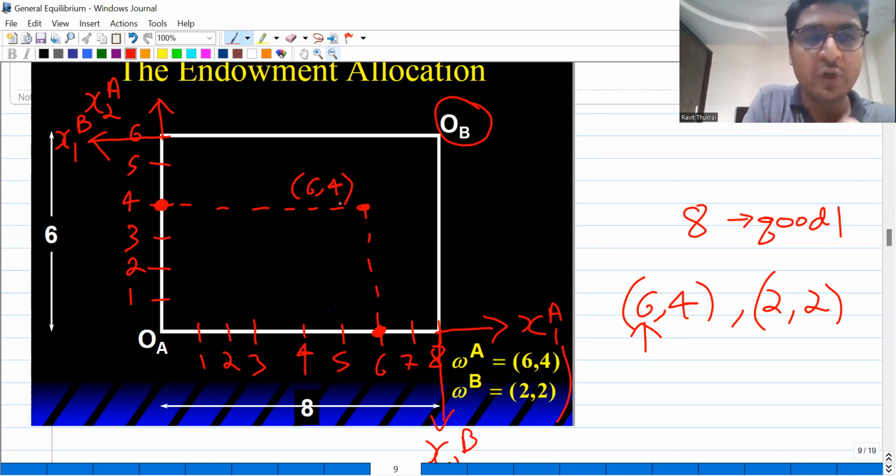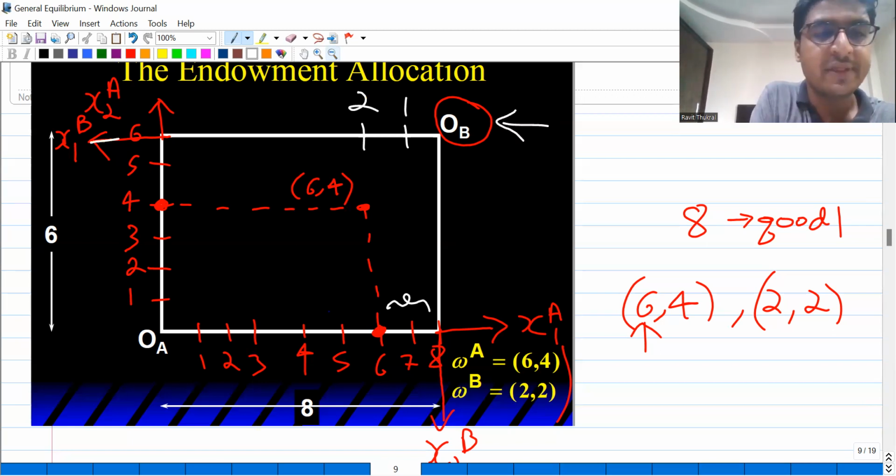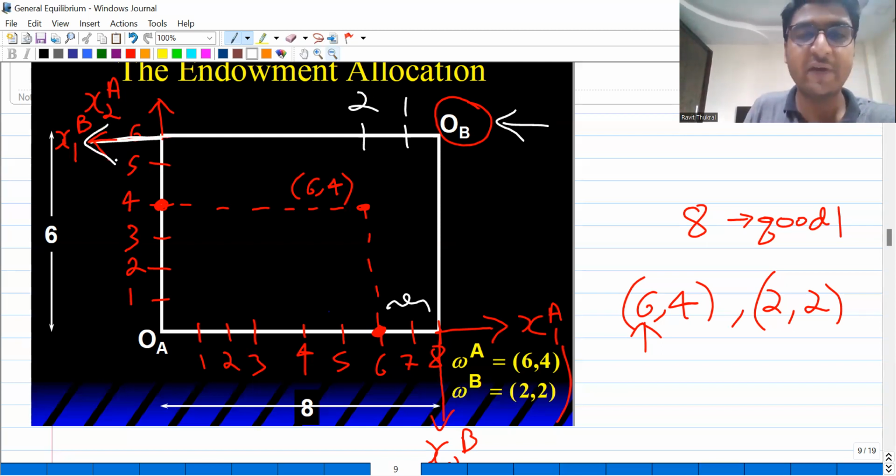Okay, so now if you notice, 2 यूनिट बची हैं गुड वन की. ठीक है, तो this is 1, this is 2, क्योंकि ये leftward direction में increase होगा for individual B. So this is increasing in leftward direction. So these are the 2 units of good 1 with individual B. And similarly total 6 units थी good 2 की.